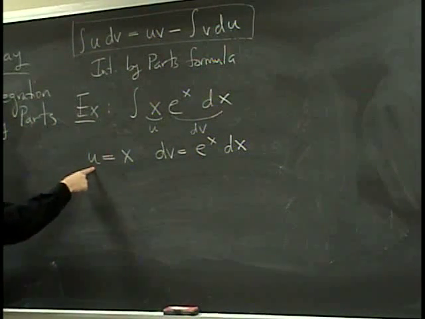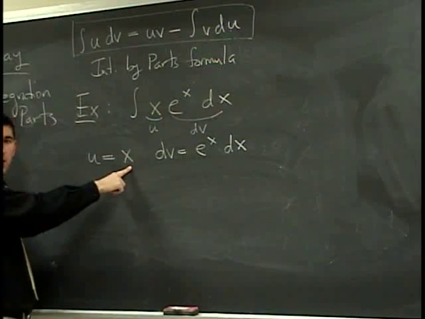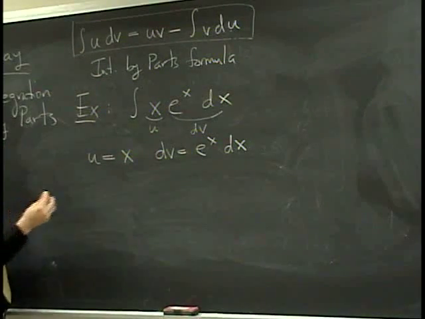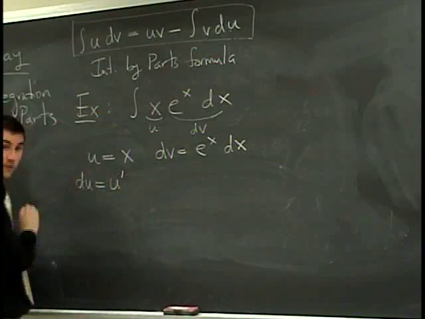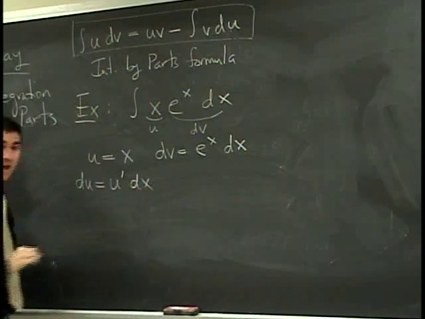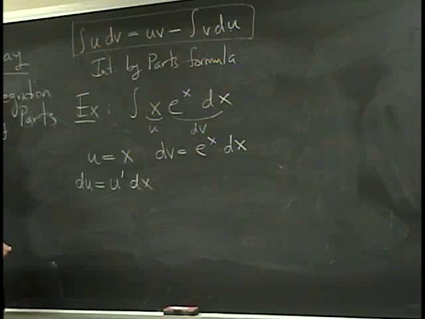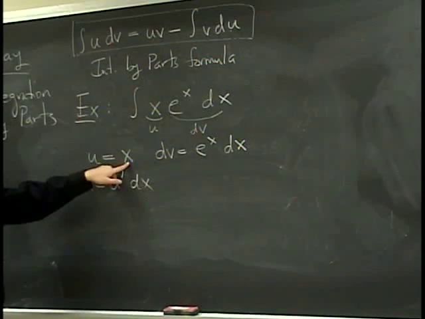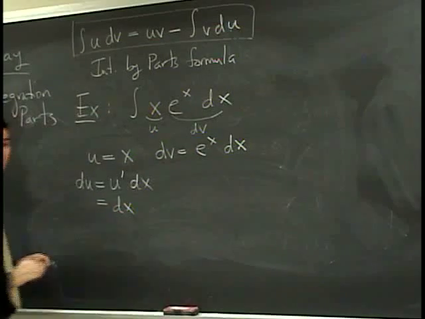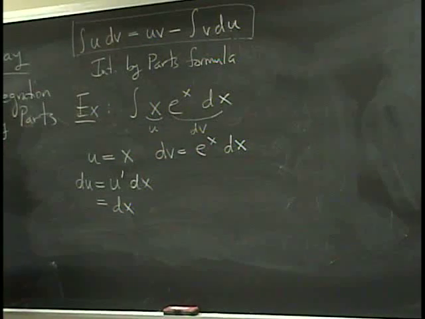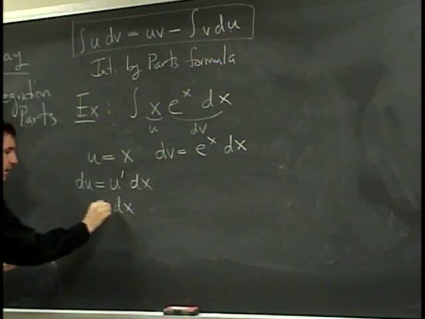Well, we got u here. u is x. By definition, what is du? It's the derivative of u times dx. So what's the derivative of u? 1. So this is just dx, 1 times dx, if you like.